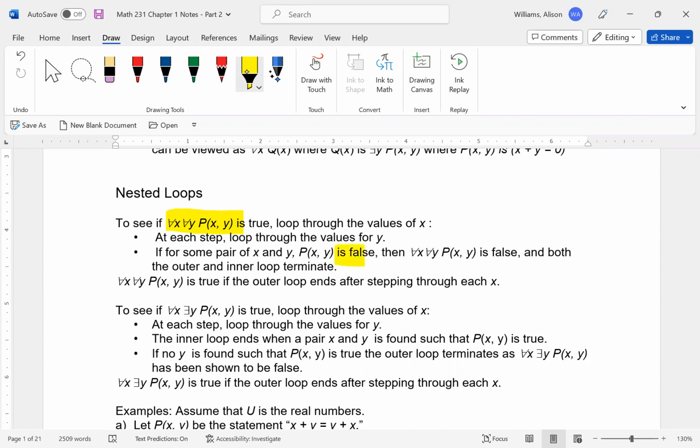And the minute you find that it's false, the whole thing shuts down. I think a lot of computer science people understand that. It's like a testing, right? Now, if you're working with the there exists, that means then that the minute you find the one that makes it true, you can stop. So there's this concept of for all versus there exists, and this idea of nesting loops and testing. Okay, I'm not going to really belabor that.